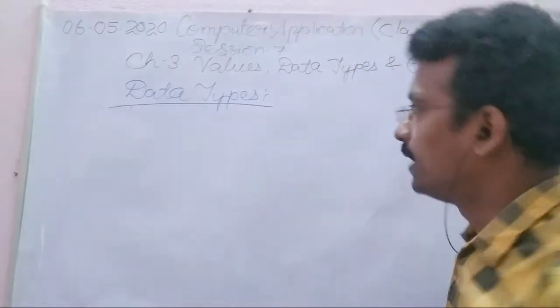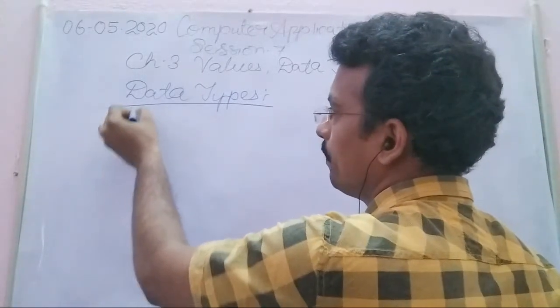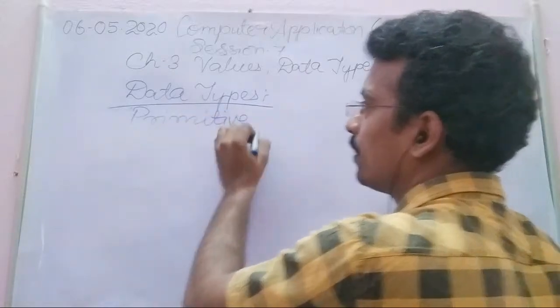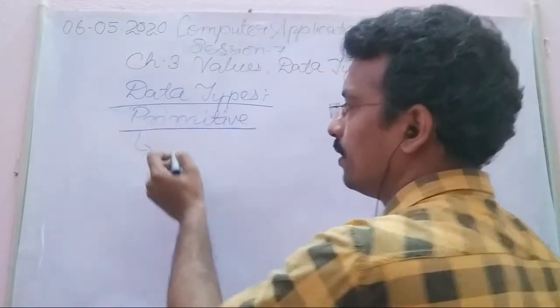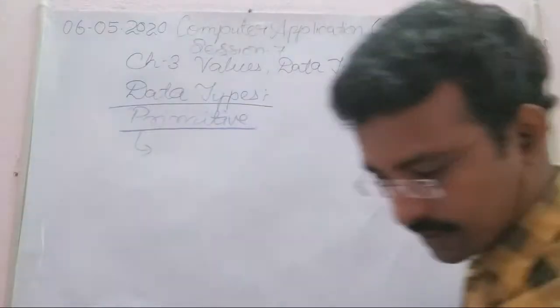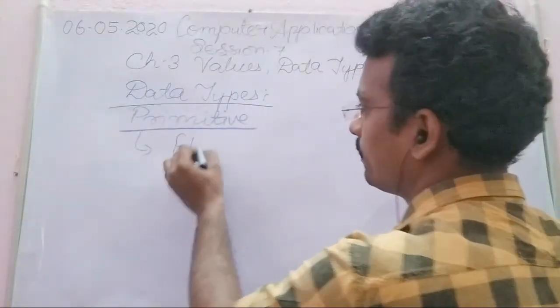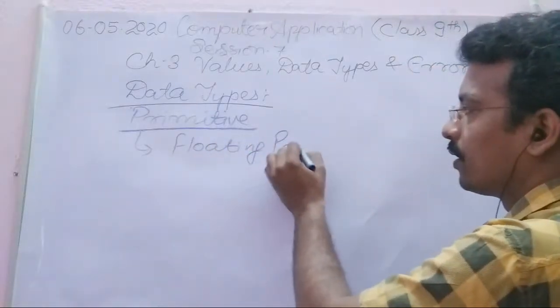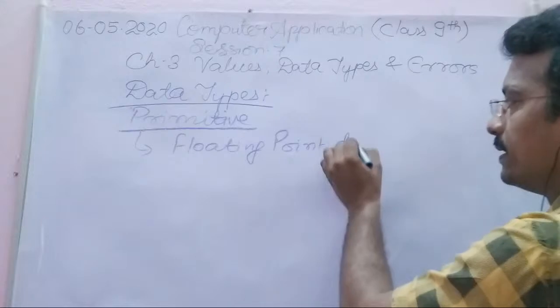Under primitive, the next category is floating point data type.